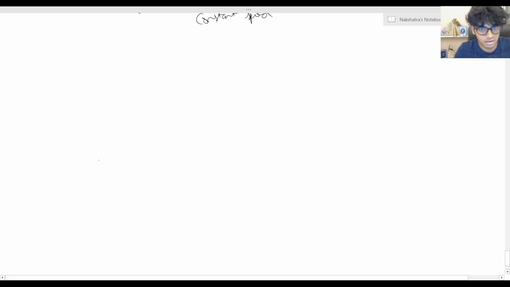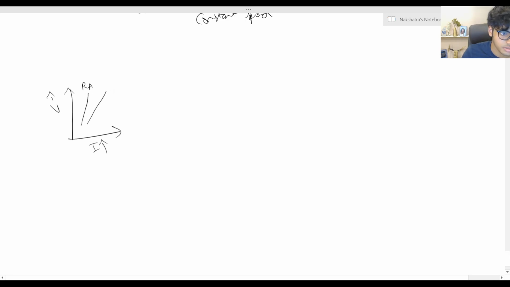Okay, starting with this. This is a VI graph of a certain conductor, and now we record two different lines. One line is like this and one line is like this. Now this is resistance A, this is resistance B, because if we take out the slope of these lines we'll get resistance.